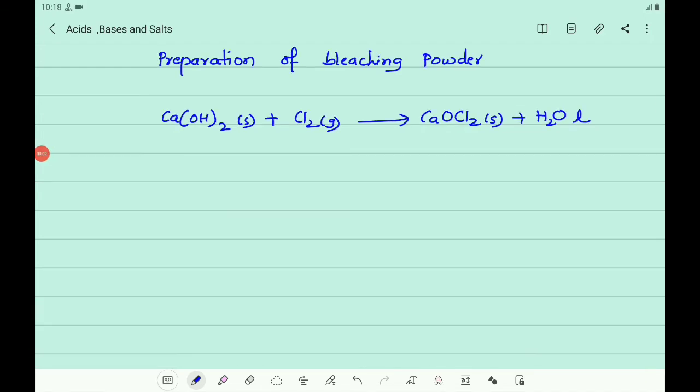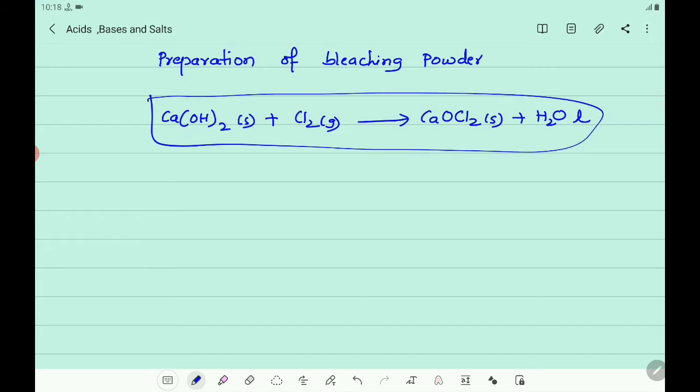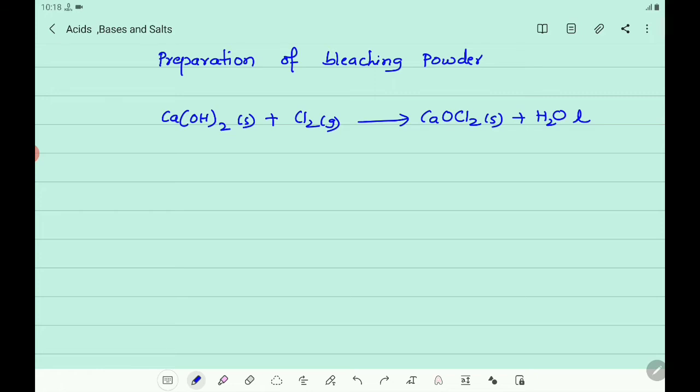When chlorine gas reacts with slacked lime, that is calcium hydroxide, calcium oxychloride CaOCl2 will be formed. And this is the chemical equation for the preparation of bleaching powder.